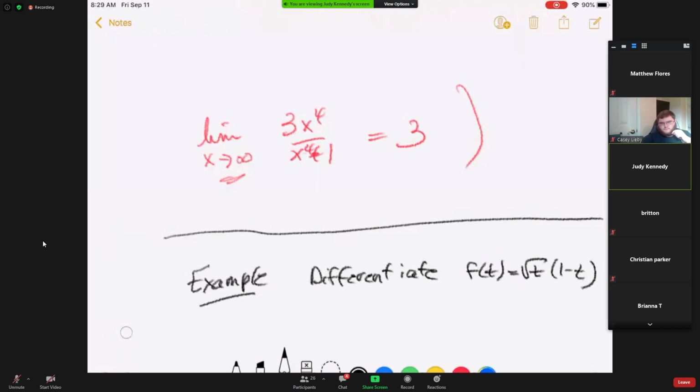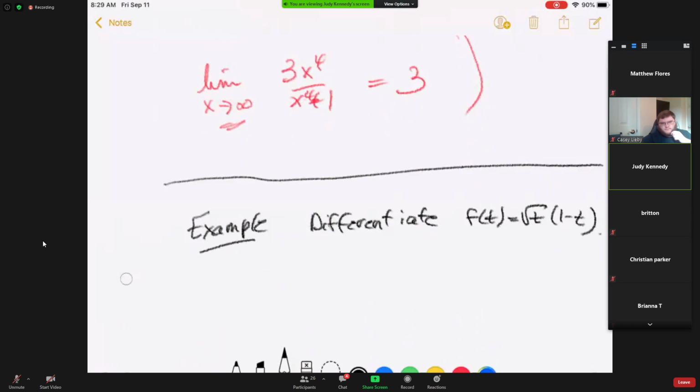Okay, so make sure I have the same problem as before. First way, I'm going to use the product rule.